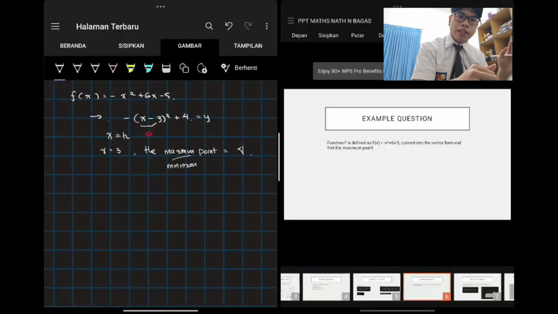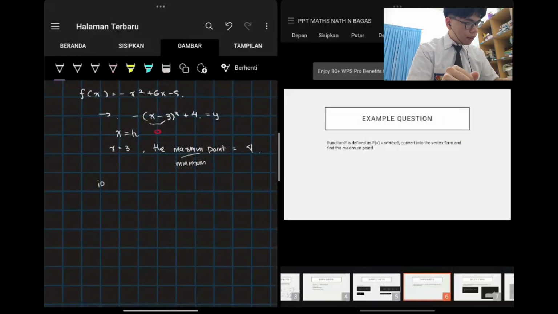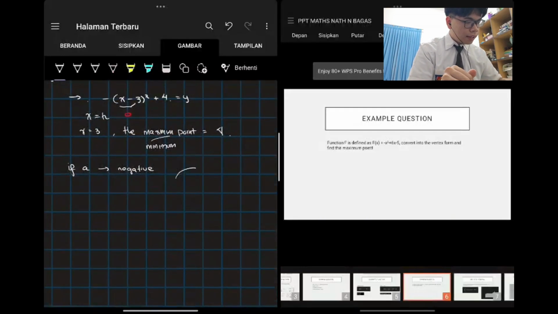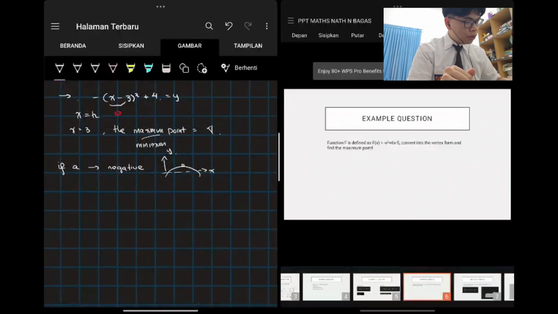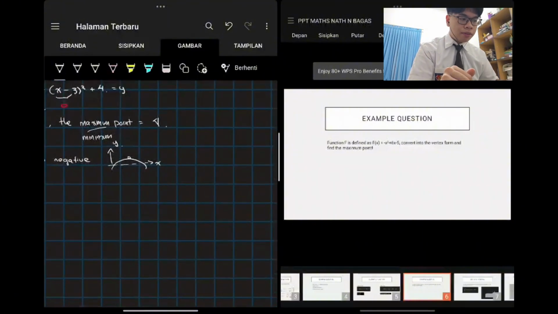Well, we look at the coefficient a. So if a is negative, then the graph will be shaped like this. This is the x-axis, this is the y-axis. So the unique value becomes the highest value or the maximum.